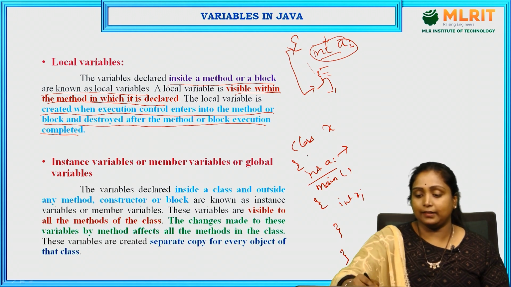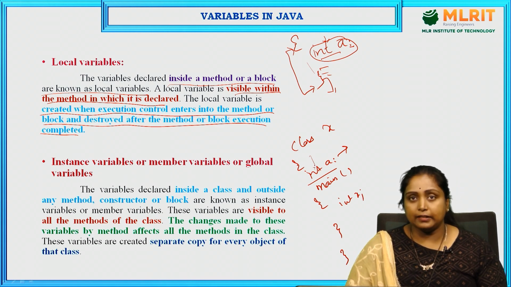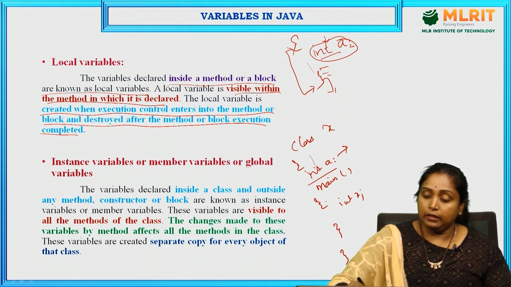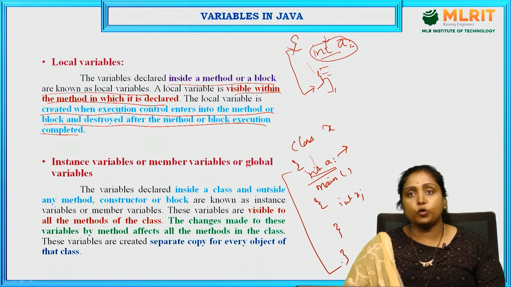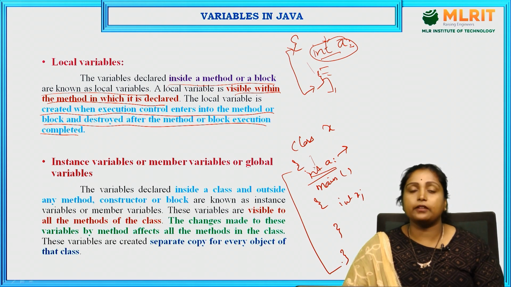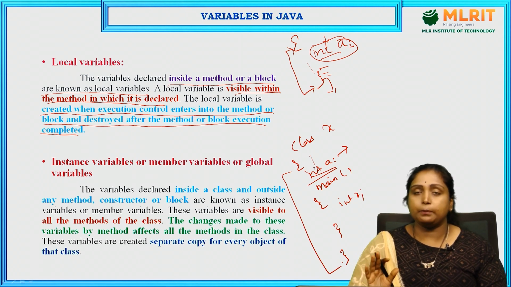If it is inside the class but outside the method, it is known as an instance variable, or you can call it a member variable, and the lifetime of this variable will be as long as the particular class is alive. Whenever you execute a particular class, that would be the lifetime of that particular variable.